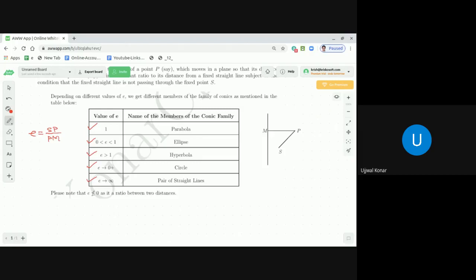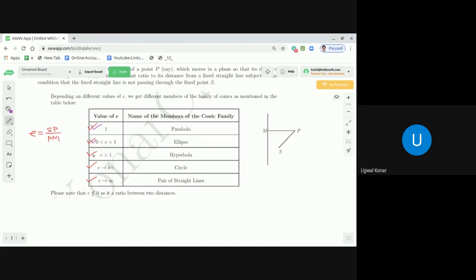So dear students, before I proceed further, I just want to tell you once more the values of E. Our primary focus is actually the first three. When the value of E is equal to 1, that is called a parabola. When the value of E is in between 0 and 1, that is called an ellipse.